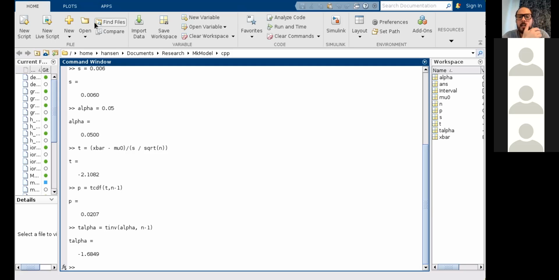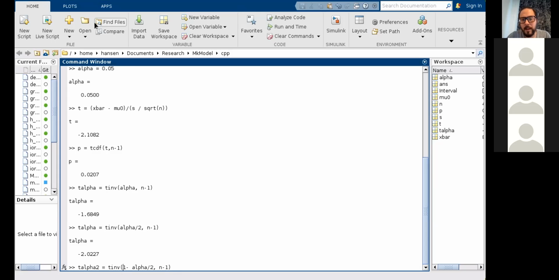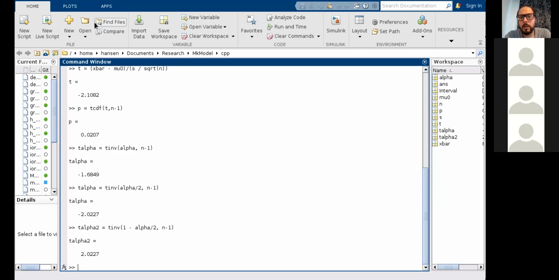I could just as well calculate the T alpha at alpha over 2, and the t value wouldn't change. And then I would get the upper and the lower value. Well, this would be just the negative of that. So I would get these two values if I used alpha over 2.